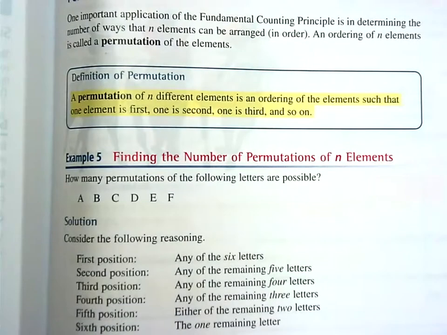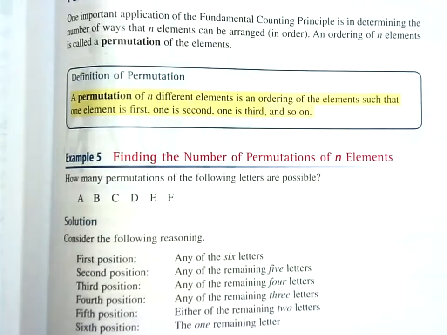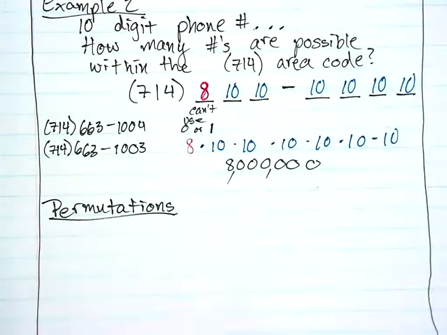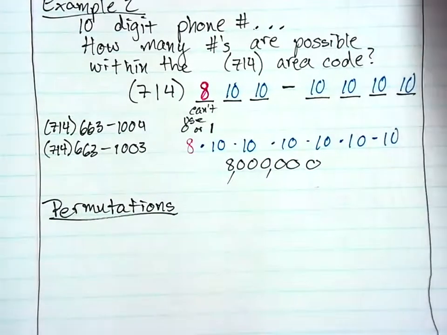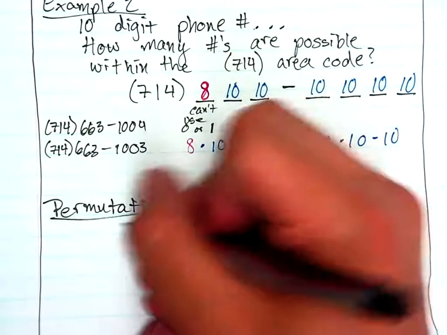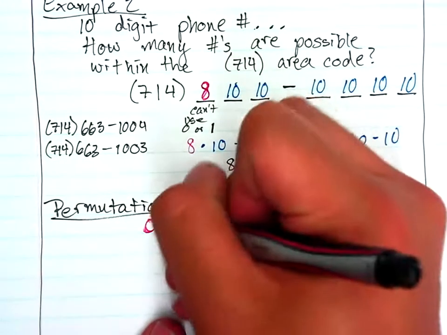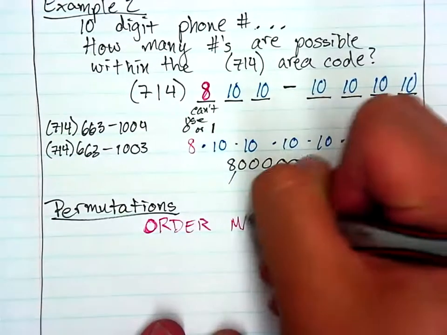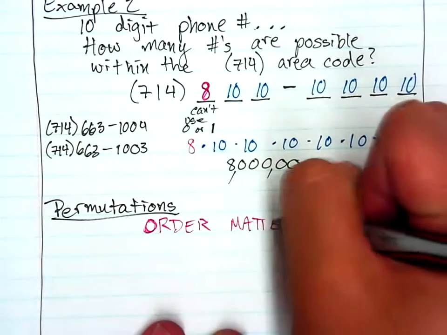Permutations are kind of based off of the idea of the fundamental counting principle, but we're talking more so about the order. And one thing I want you guys to make a really big note of is that in permutations, order matters. What do we mean by that? We will see in just a moment. So order matters.